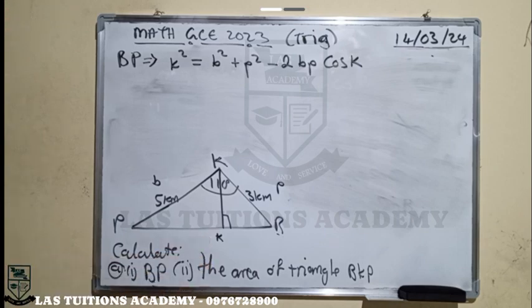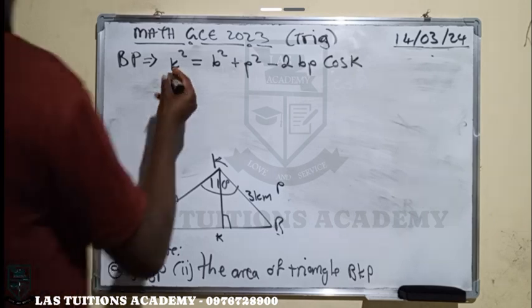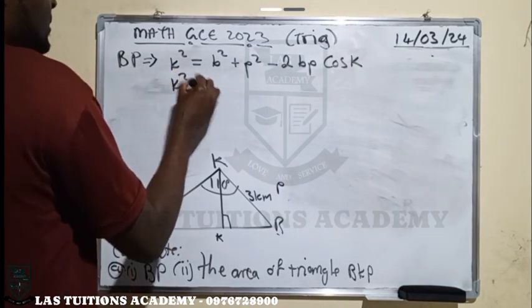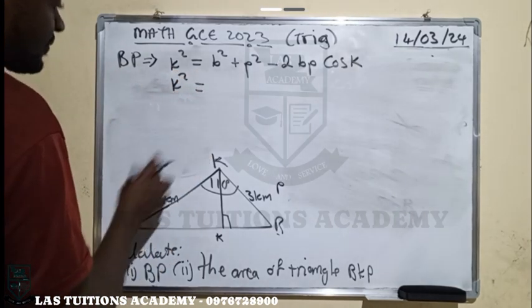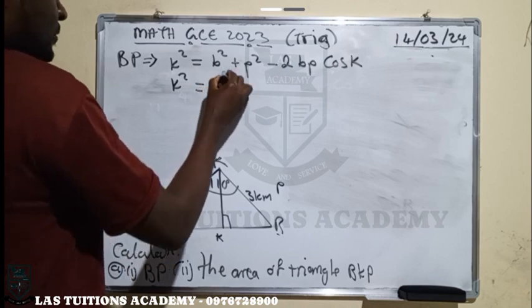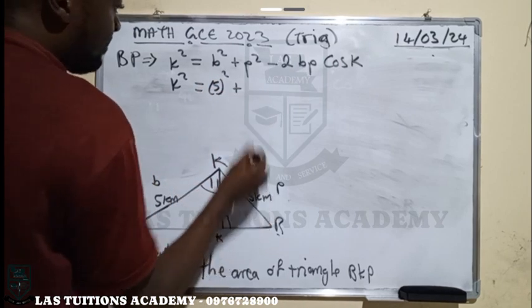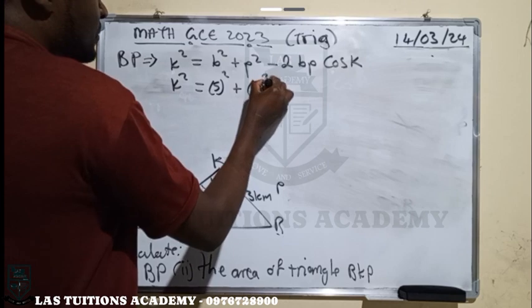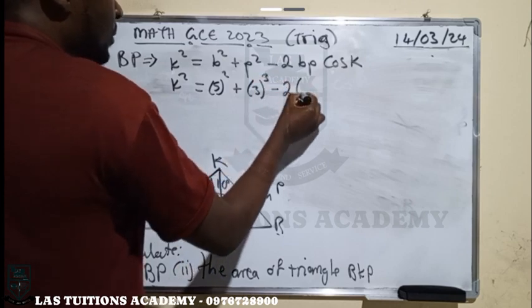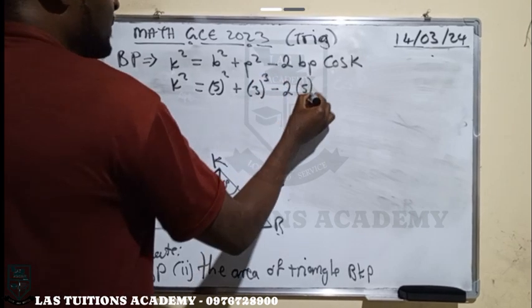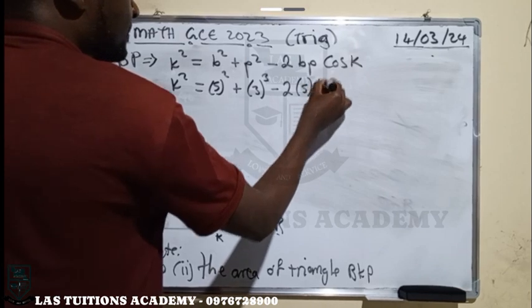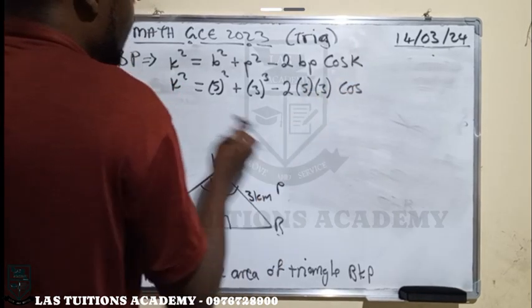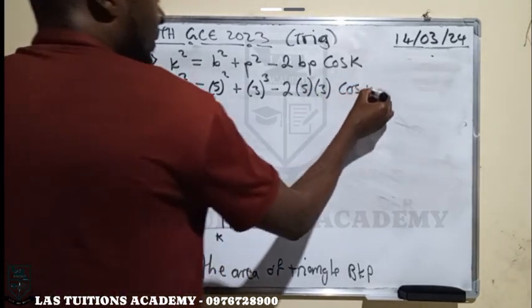So therefore we can continue and say k squared is equal to, our b is 5, so 5 squared, plus our p is 3, so 3 squared, minus 2, our b is 5, our p is 3, then we have cos 110.